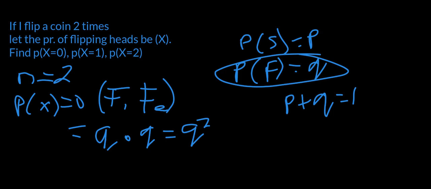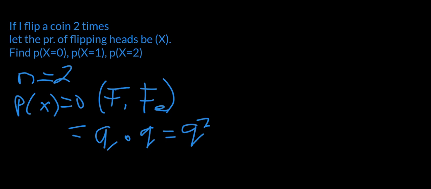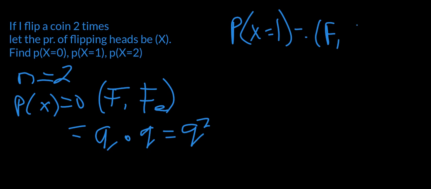Now we want to find the probability of flipping one head. For us to get one head, we fail on our first try and succeed on our second try, or we succeed on our first try and we fail on our second try.